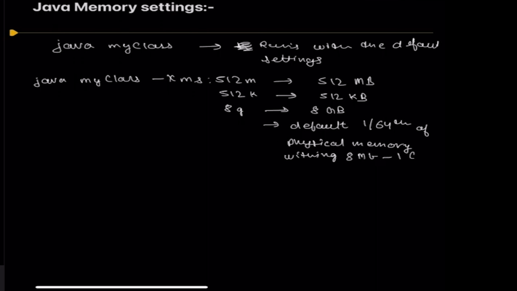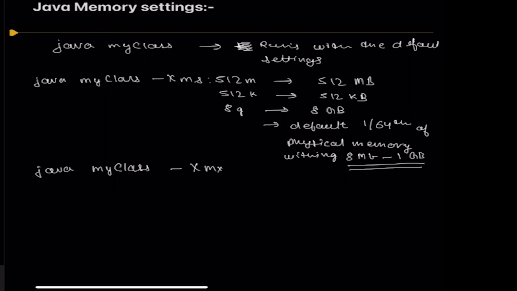And this default value lies between 8 MB and 1 GB. So if the 1/64th value of physical memory is less than 8 MB, then the default value will be 8 MB. And if 1/64th is greater than 1 GB, then it will be limited to 1 GB.